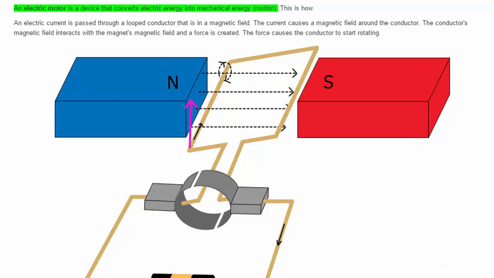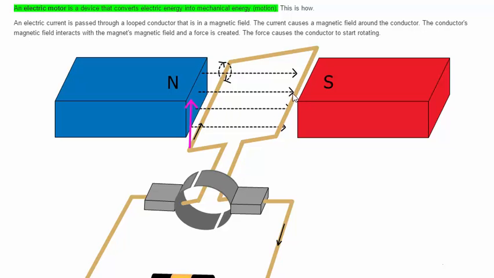I now take the wire in my hand and let my thumb point in the direction of the current. So if the current was flowing in this direction, I would have just done that. My thumb is pointing in the direction of the current, and wherever my hand then pushes is the direction in which my motor will be turning. So for example, this one is pushed upwards. Why? Because if I put this wire in my left hand with my fingers pointing in this direction, the loop will be pushed up by my hand.